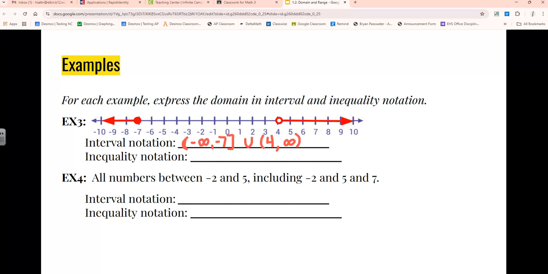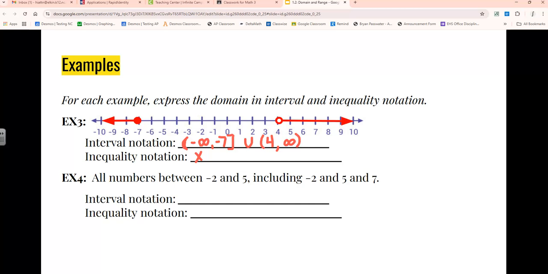For inequality notation, in this case, since you're talking about 2 separate things, you want to do x is something here or x is something else over here, right? So you're going to start with the x each time.